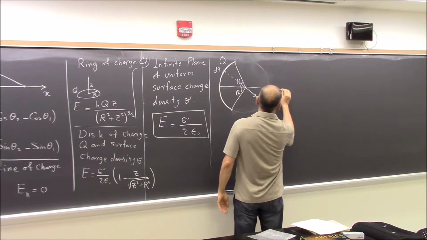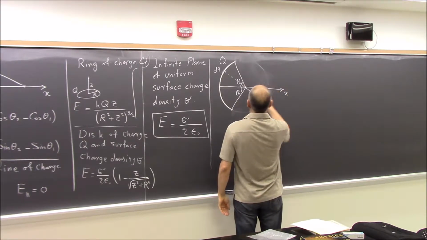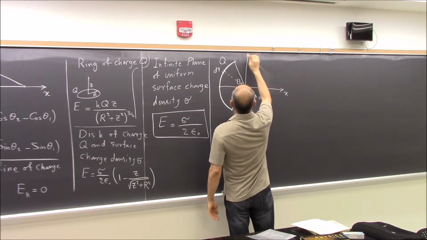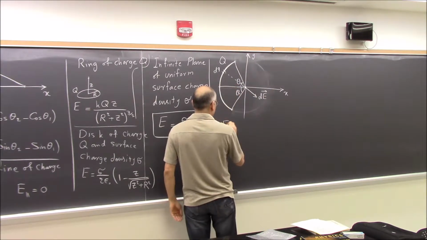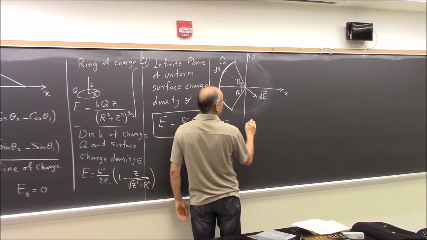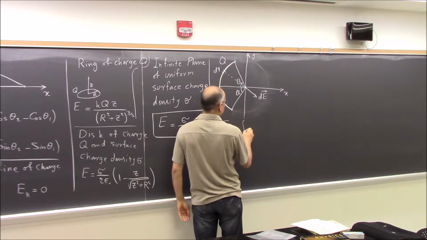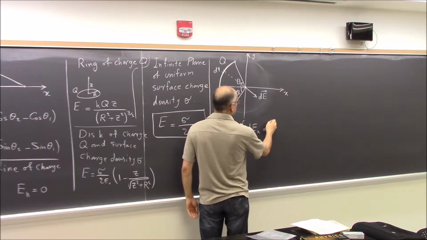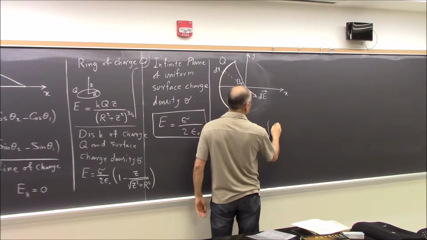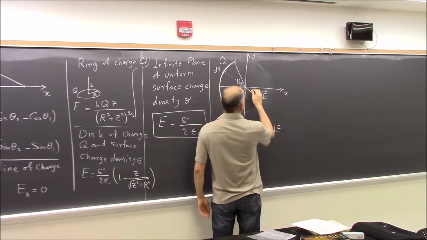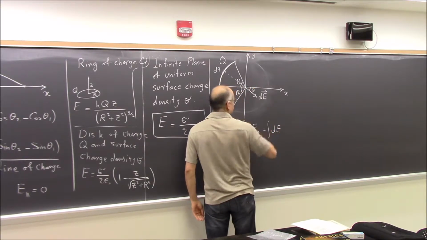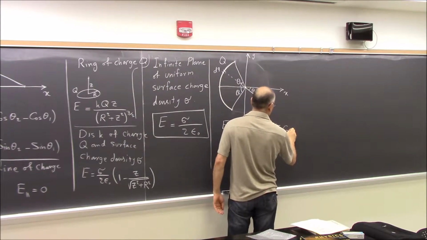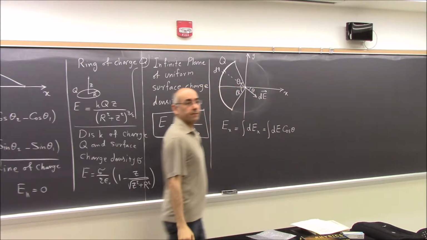So let me take this as the x-axis and this as the y-axis. Ex will be the integral of dEx, which is the integral of dE magnitude times cosine of this angle theta. Right?